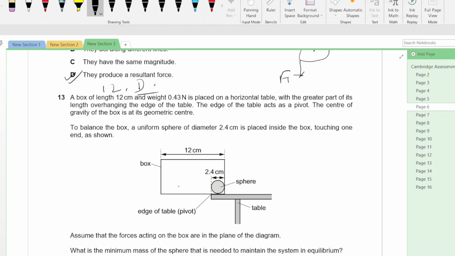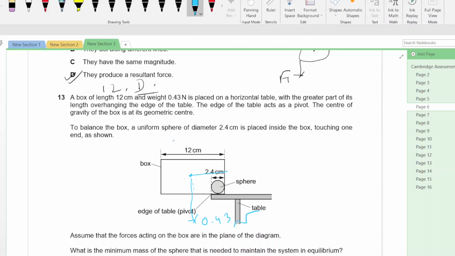Now, the center of mass of the box is here, and its weight acts in this direction, and its value is 0.43 Newton.